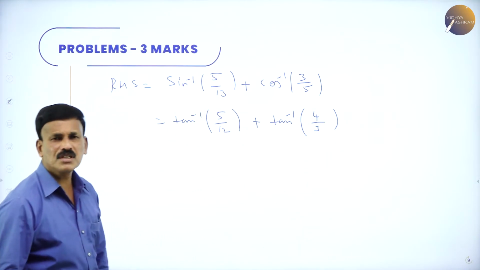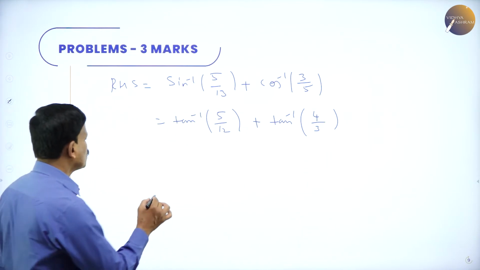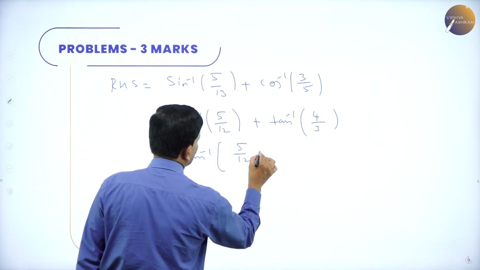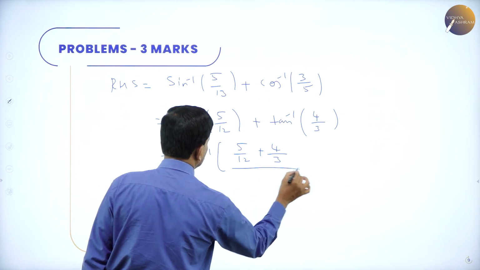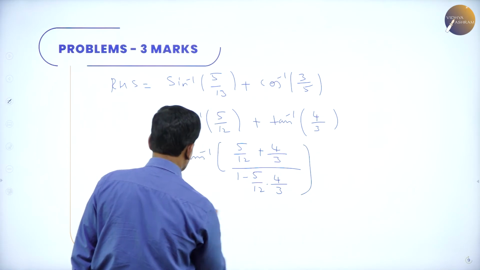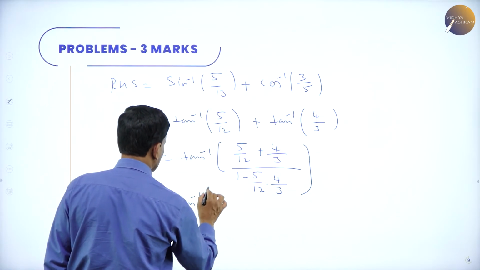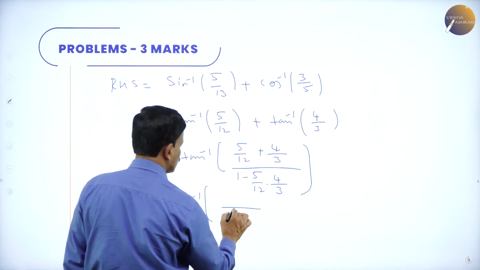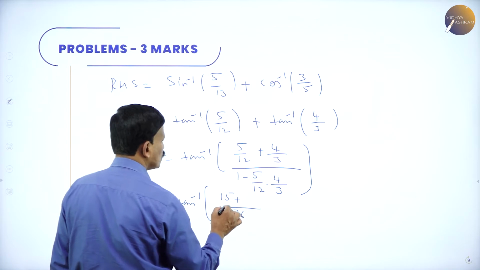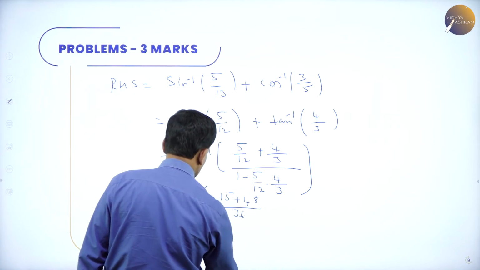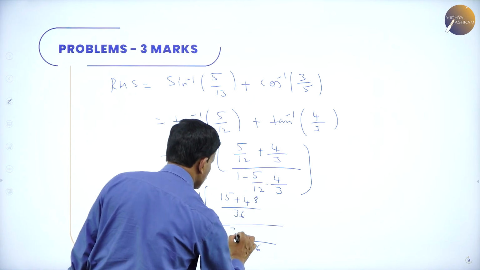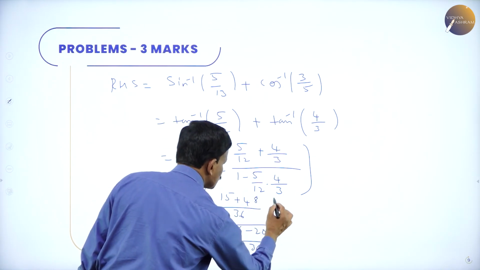Now, this is of the form tan inverse x plus tan inverse y. This is equal to tan inverse of (5 by 12 plus 4 by 3) divided by (1 minus 5 by 12 into 4 by 3). Take the LCM: 12 threes are 36, 5 threes are 15, 12 into 4 is 48, divided by 36 into 1 is 36 minus 5 fours are 20.